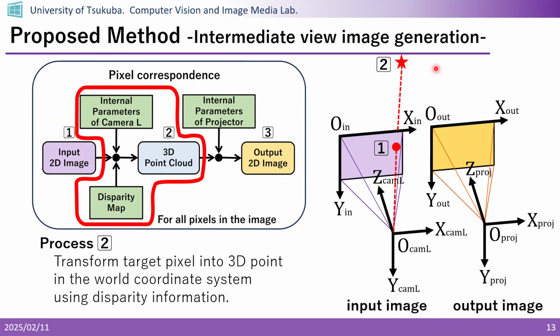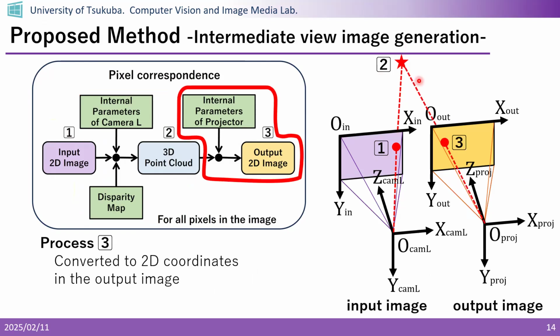Process 2, the target pixel is transformed into a point in 3D space. We use the estimated disparity information and the internal parameters of camera L. The 3D point obtained is represented by a red star. Process 3, the 3D coordinates are converted to 2D coordinates in the output image using the internal parameters of the projector. The resulting 2D coordinates are also marked with a red dot.